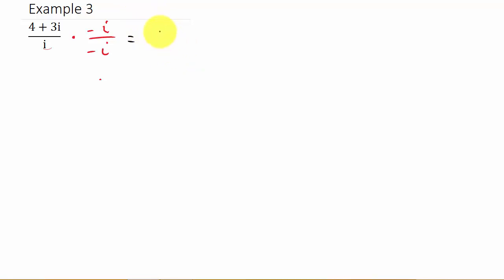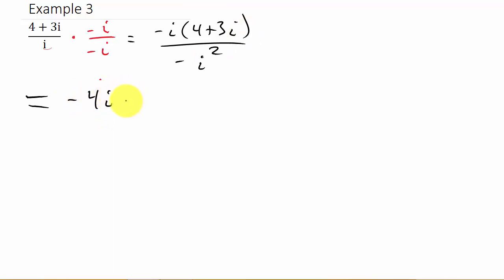All right, so we've got negative i times 4 plus 3i over negative i squared. So let's distribute the negative i, so that's negative 4i minus 3i squared over negative, okay, so we got the negative here, and i squared is negative 1.